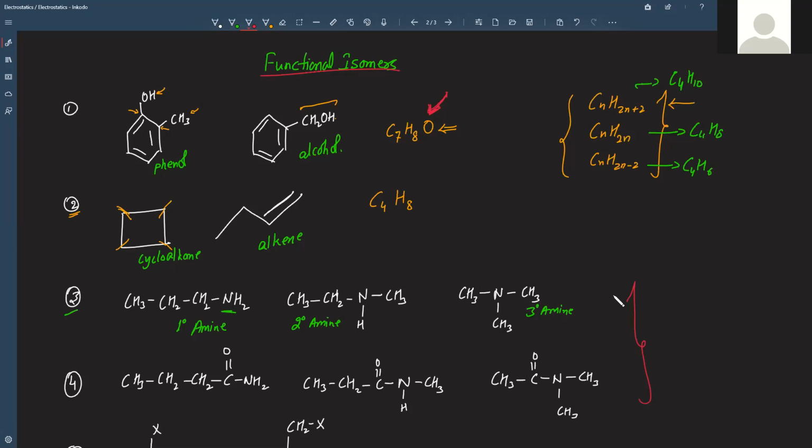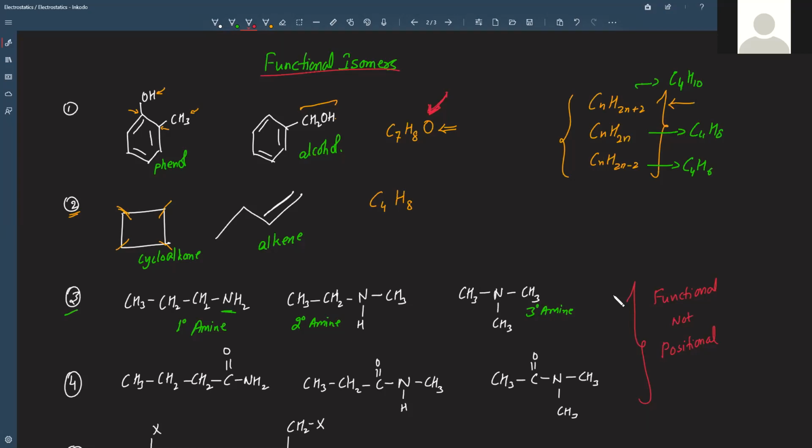It is applicable in both the cases. So third case, the molecular formula for each will be different, right? Check that. The number of hydrogen is less.